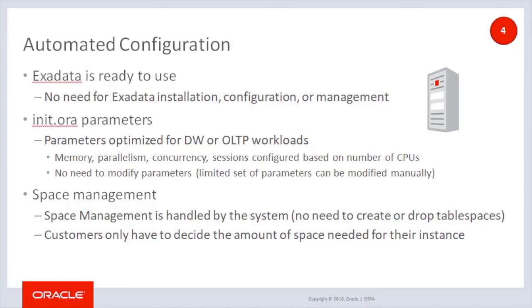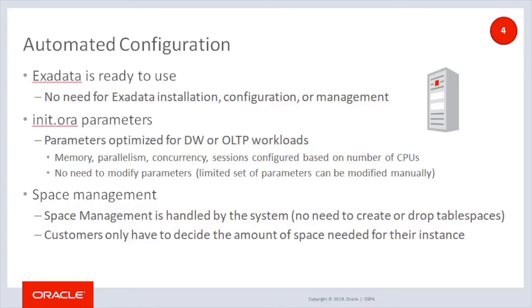Memory, parallelism, concurrency, number of sessions, and other parameters are automatically configured based on the number of CPUs allocated to the service. Most of these parameters cannot be modified, and the few that can be modified should only be done for very specific reasons, by qualified DBAs. This is discouraged in autonomous database.